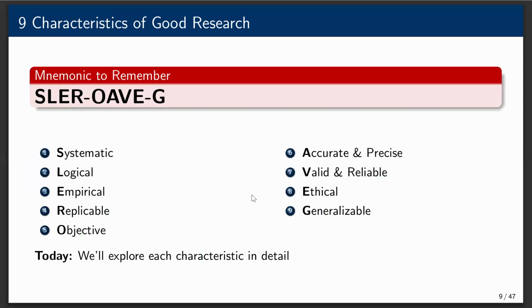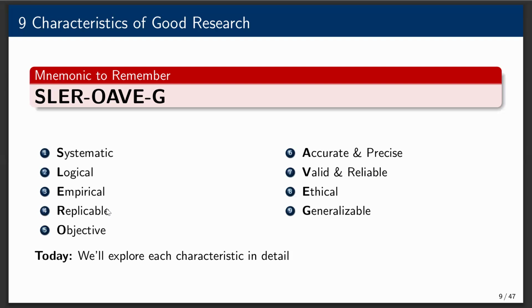Okay, so now what are the characteristics of good research? So it's like a mnemonic to remember. It's a SLARE of G. You just see whether you are comfortable or you can have your own idea how to do it. SLARE is basically systematic, logical, empirical, replicable, objective characteristics.